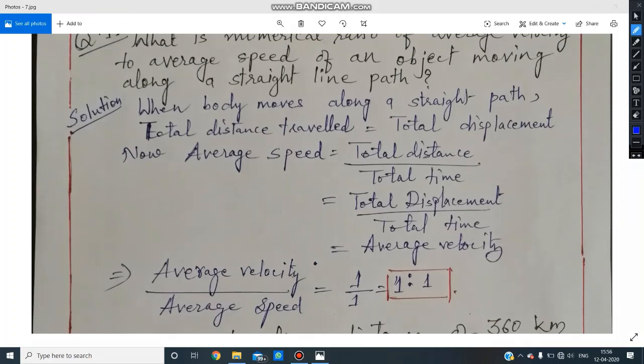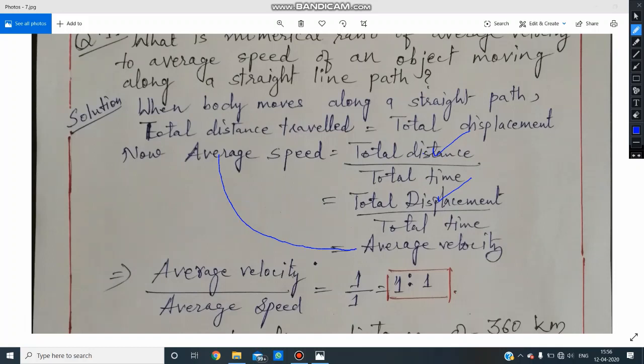Now we have just compared that total distance is equal to total displacement. So this total distance has been replaced by total displacement, and we now get the formula in the pattern total displacement by total time, which is actually equal to average velocity. So you can see from here average speed is found equal to average velocity.